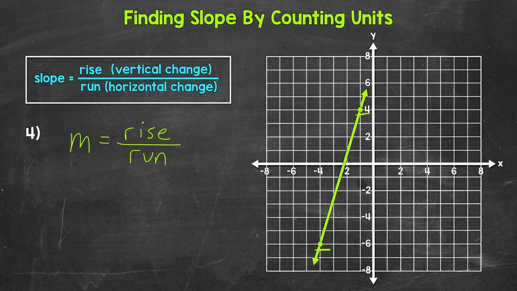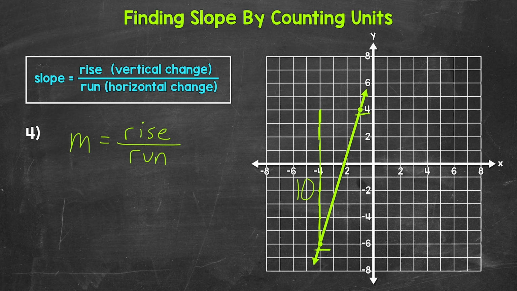So we'll go from the left point to the right point. Let's start with the rise. We go up 1 unit, 2 units, 3 units, 4 units, 5 units, 6 units, 7 units, 8 units, 9 units, 10 units. So our rise, the vertical change, is 10, and that's a +10.